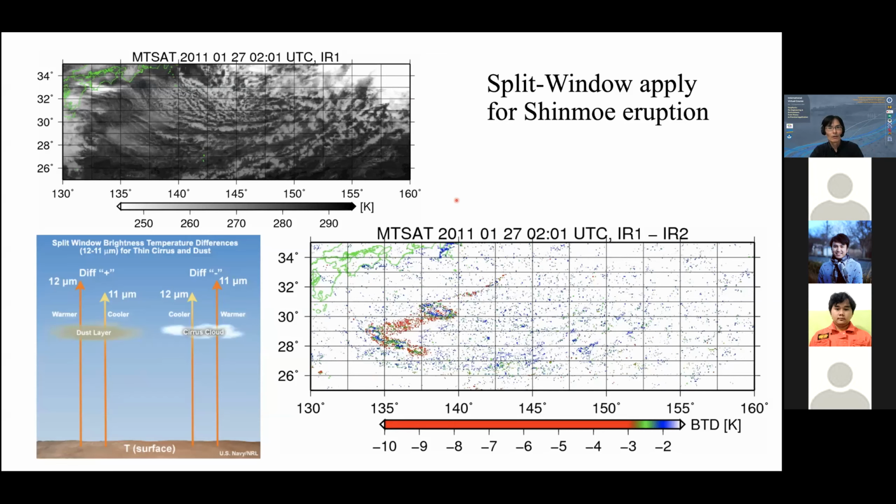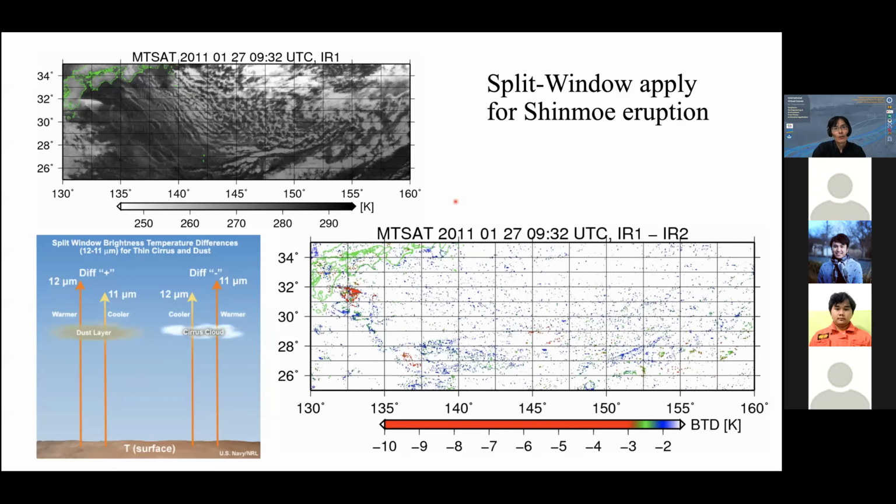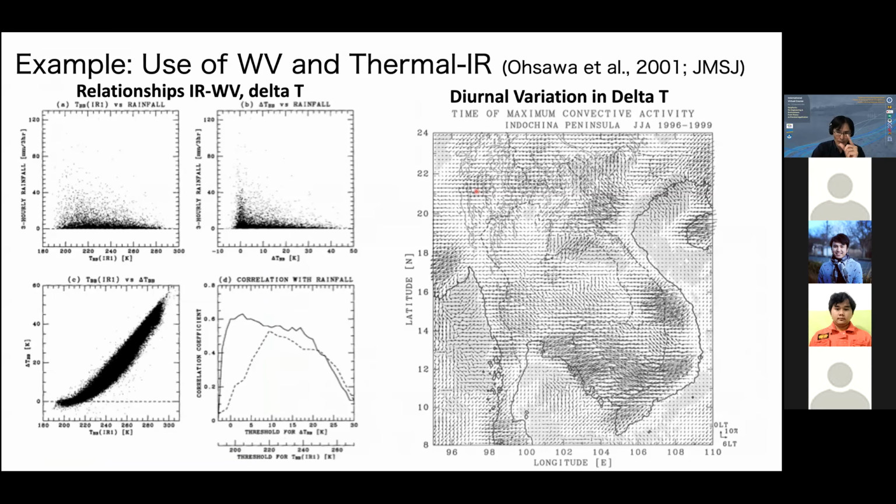Okay. So another way is to utilize water vapor and thermal infrared. This is also a difference, between 10 micrometers minus 7 micrometers. This example shows the delta TBB comparison. Where 10 micrometers minus 7 micrometers is around 0, a huge amount of water vapor is available and the thermal infrared brightness temperature is low.